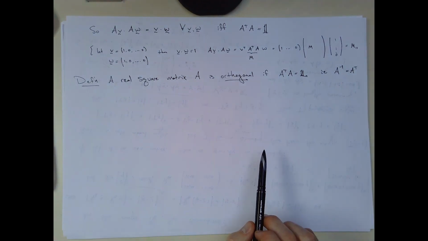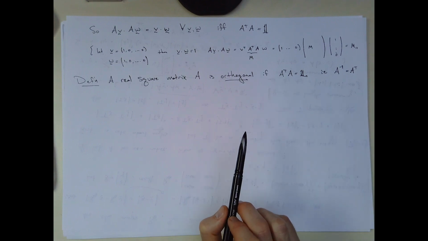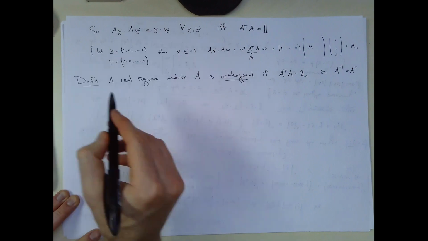All right, so matrices that satisfy A transpose A equals identity are called orthogonal, and these are strongly connected to isometries in a way that we've hinted at here.